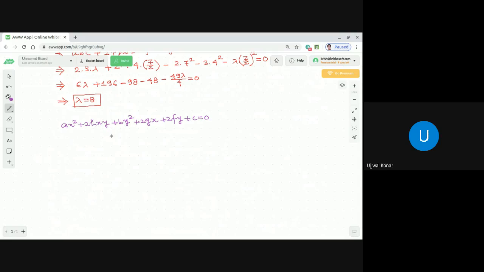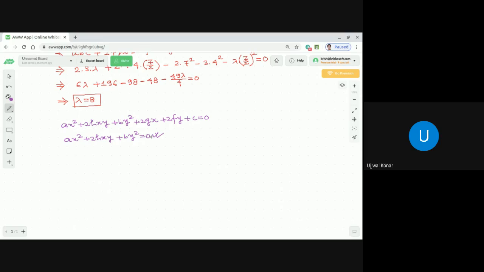Now let us consider a homogeneous equation. What is a homogeneous equation? It becomes ax square plus 2hxy plus by square equal to 0. If you recall, dear students, that is a homogeneous equation. Now there is a relationship between these two. It says that this homogeneous equation, the second one, will represent a pair of straight lines.